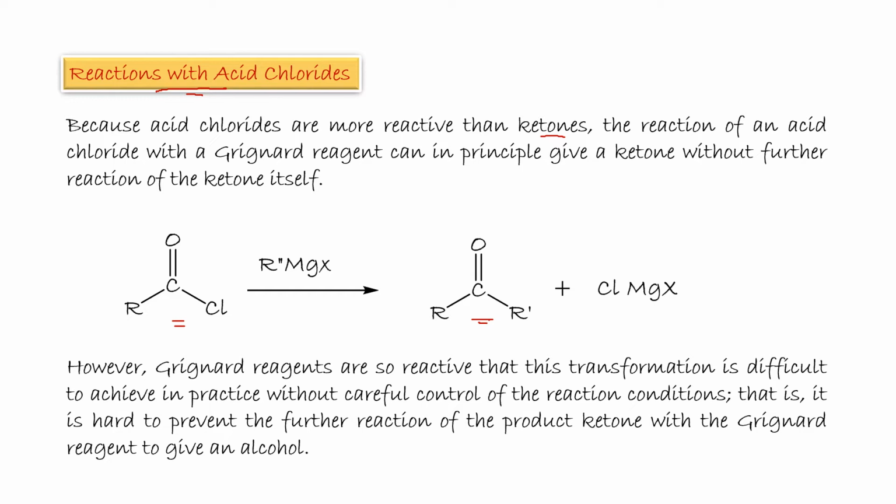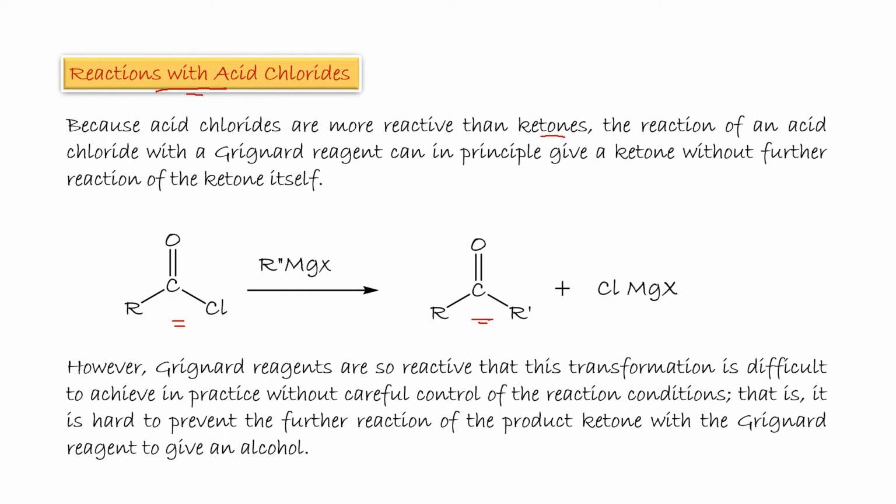So the first molecule reacts with the acid chloride to form the ketone. The second molecule of Grignard will attack the ketone's precursor acid chloride because it is more reactive than the ketone. So it will keep going, adding Grignard to the acid chloride until the reaction is over.